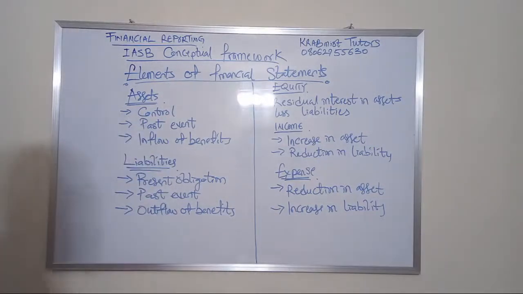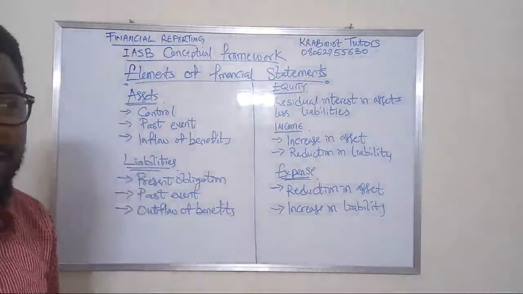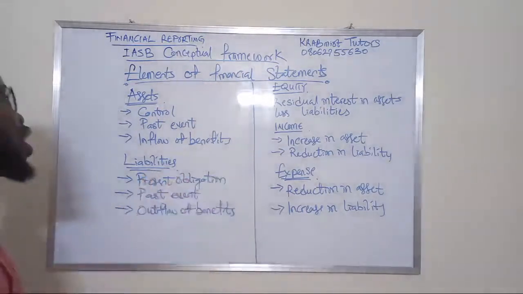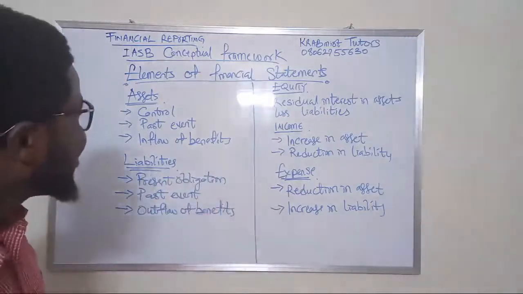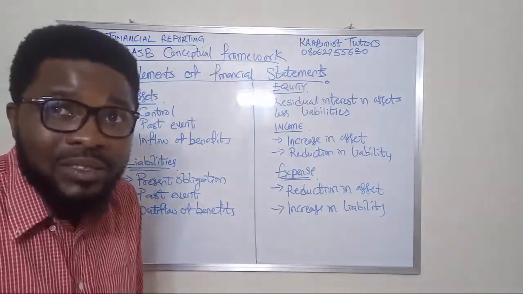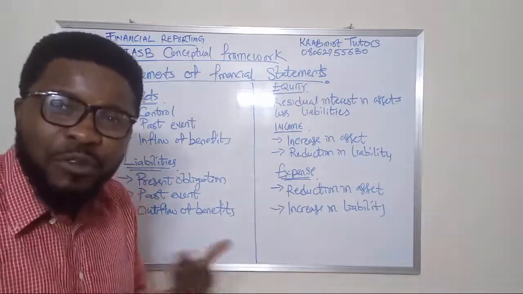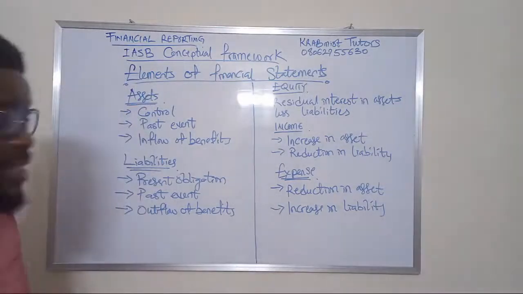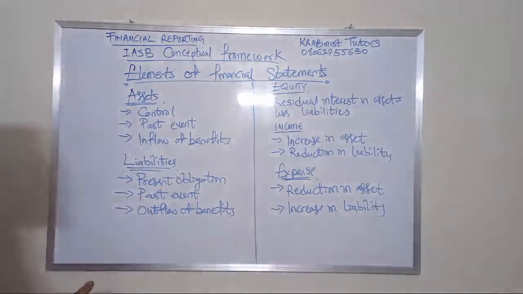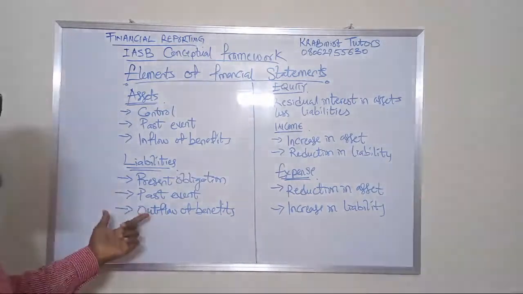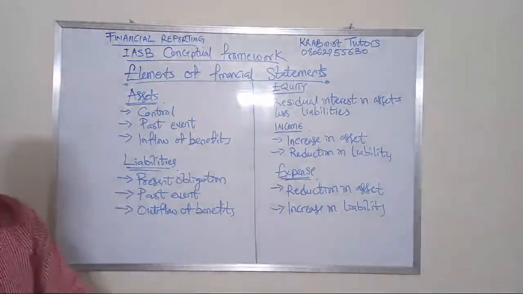So you can say something like an asset is a resource which we control, which as a result of past events, we have inflow of benefits. Did I cram it? No. You have to find your thing yourself. Key events, liability. A liability is a present obligation which resulted as a result of past events, which an outflow of benefits.